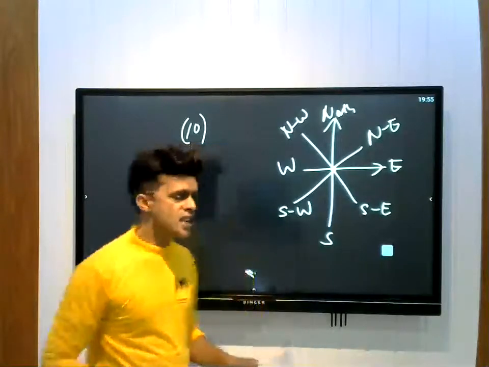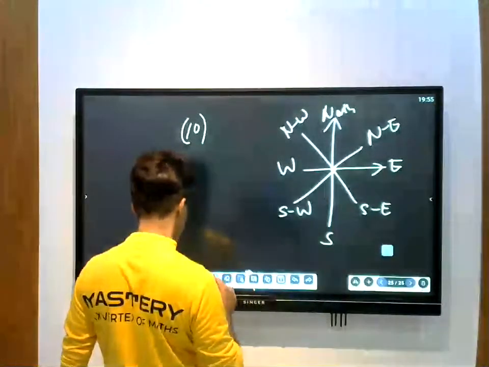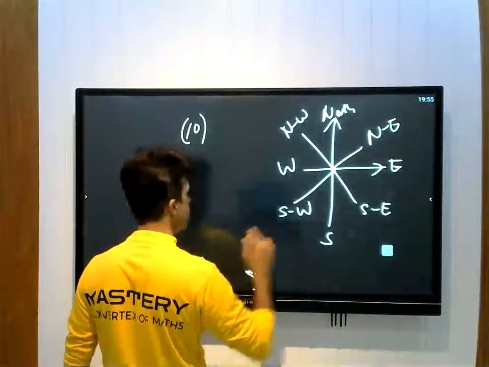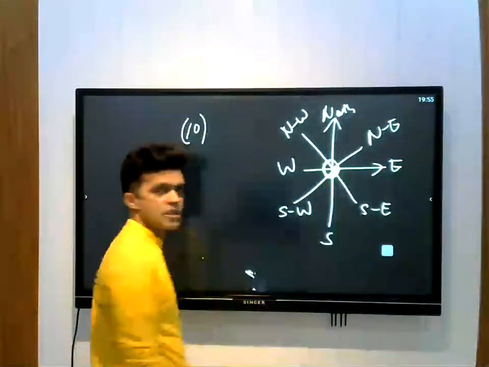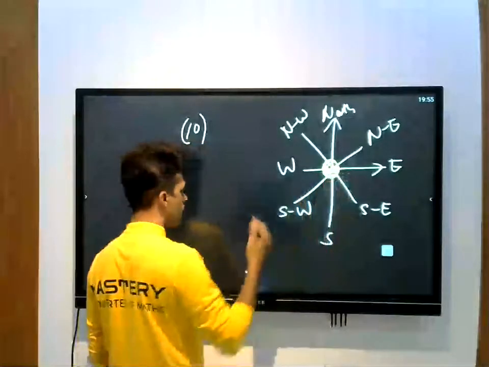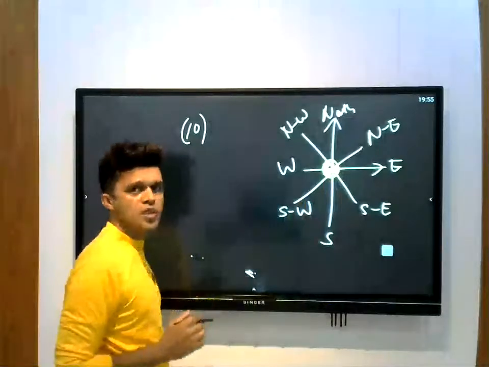Isuri can see Amisha in the direction of northwest.